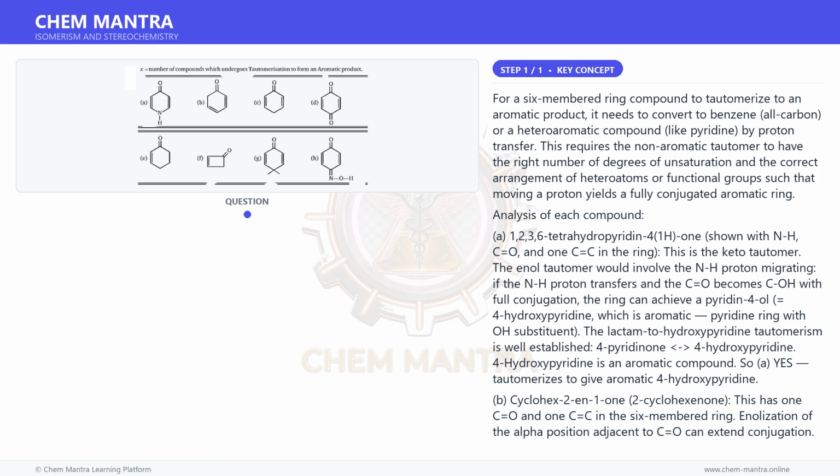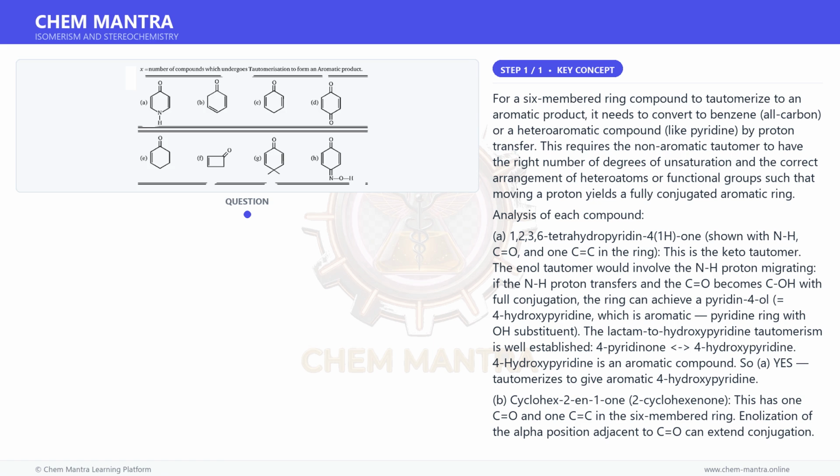The full enol tautomer of cyclohex-2-en-1-one would be phenol, C6H5OH. Actually, cyclohex-2-en-1-one can tautomerize stepwise to phenol, an aromatic compound, via the dienol intermediate. So, B. Yes, it can tautomerize to phenol, aromatic.